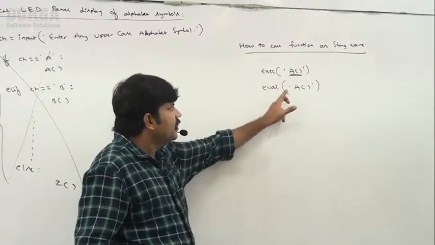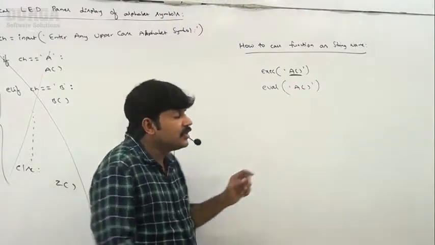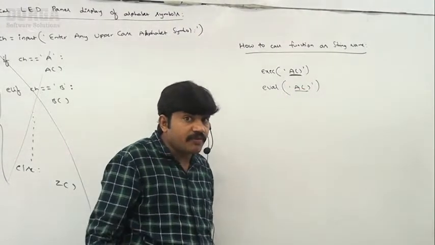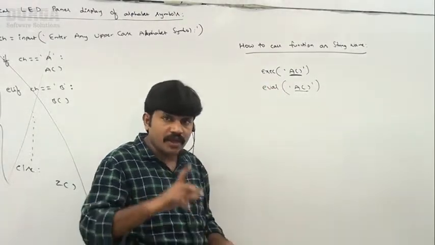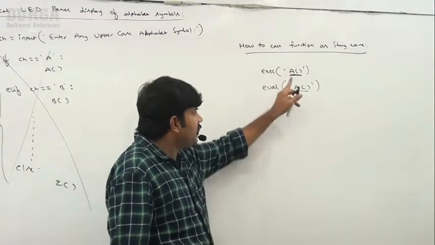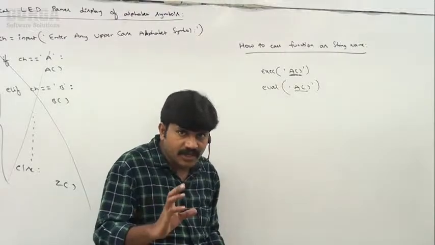With eval you just have to pass a string, and this string should be the function call. So either the exec or the eval function we have to use. By using this, we can call a function with a string name.